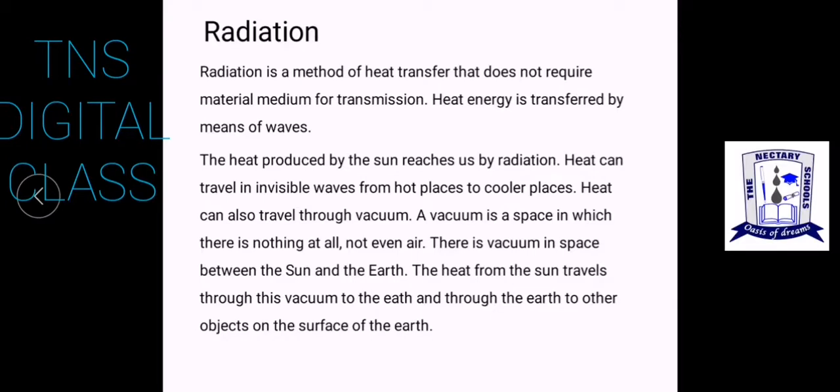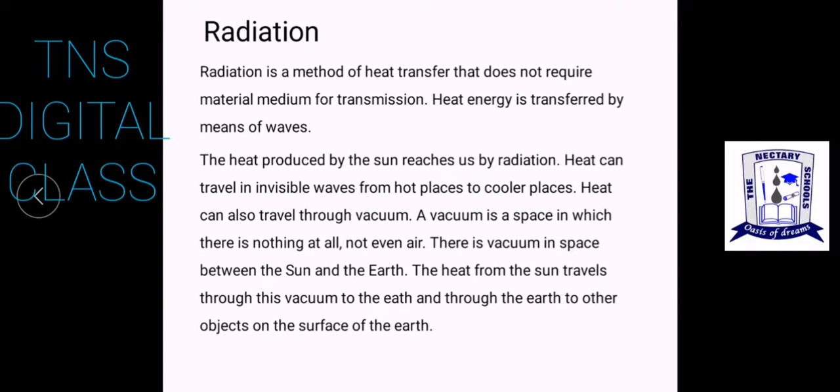So it is by means of radiation that everything on the surface of the earth is heated up by the rays of the sun traveling through the vacuum. So radiation does not require material medium for transmission.